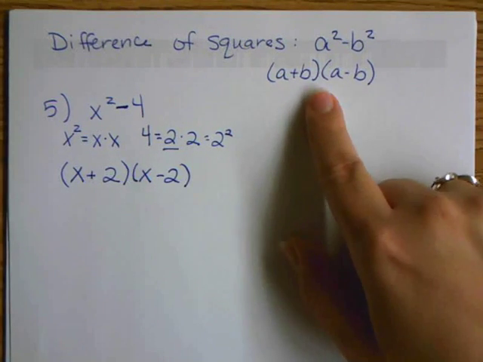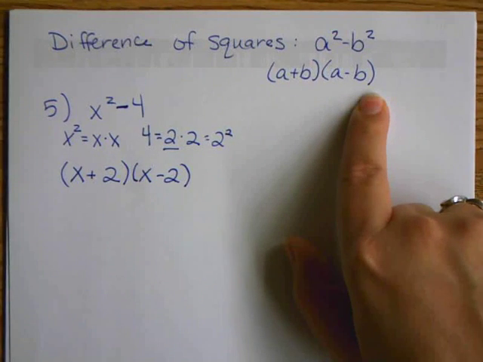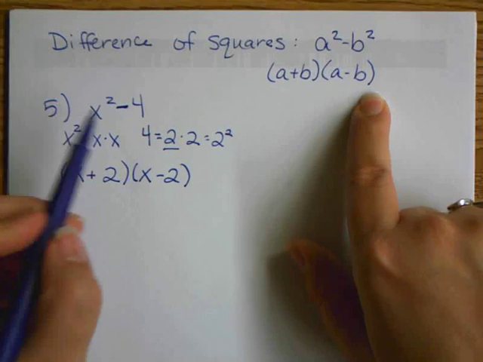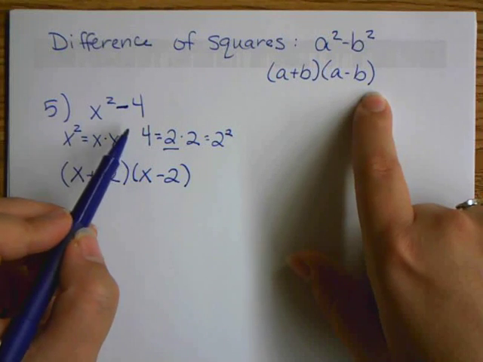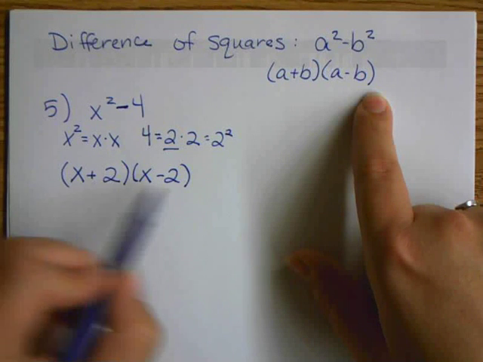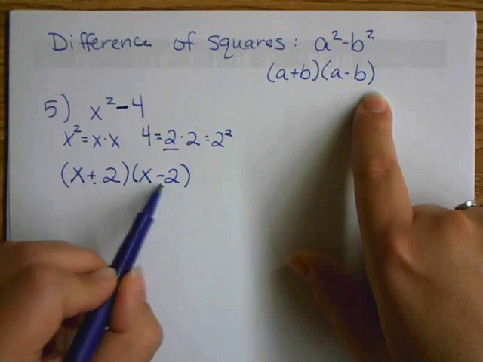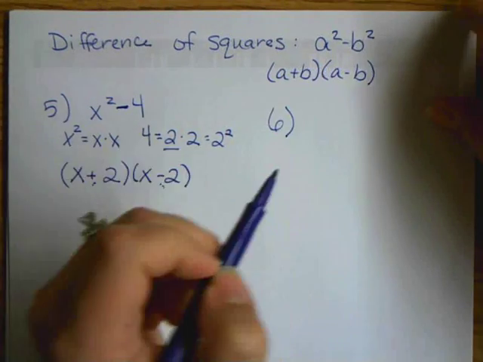And that uses this formula. Once you know what A and B are, you just plug it in. And the quick way that I remember it is I just say, okay, if it's a difference of squares, which this is, then I just square root the front, square root the back, write it twice, and the signs are one of each. One's positive, one's negative.